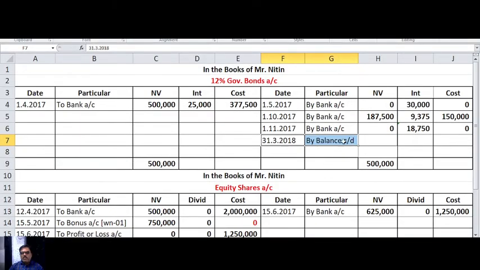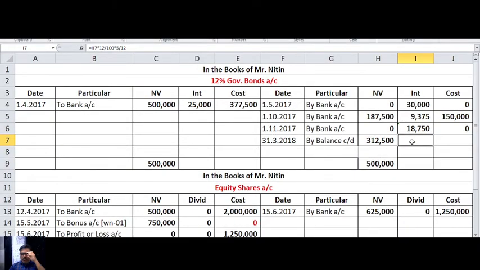Balancing figure on 31st March 2018 comes to 3,12,500. How does the 3,12,500 come? 5 lakh minus 1,87,500. Nominal value you can close and find out the balance, and that balance you have to carry forward. But while calculating that, we have to calculate interest outstanding for this nominal value that we are going to carry forward.